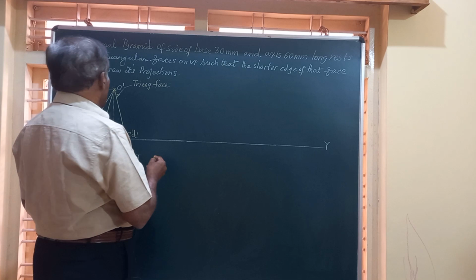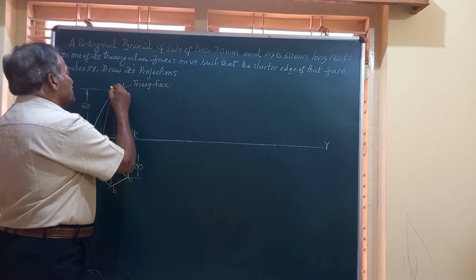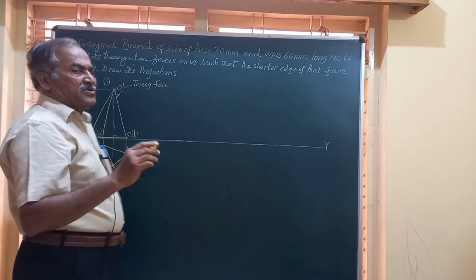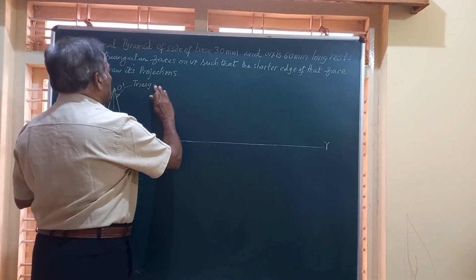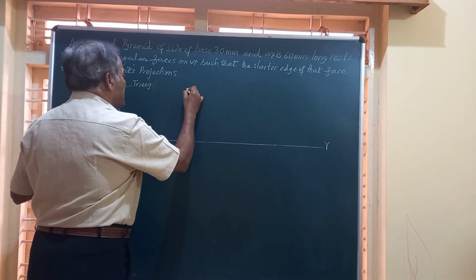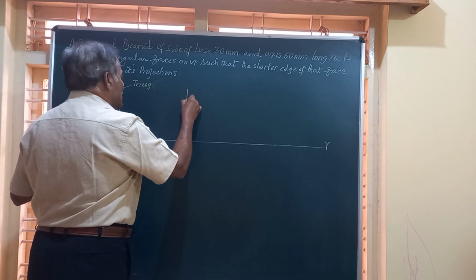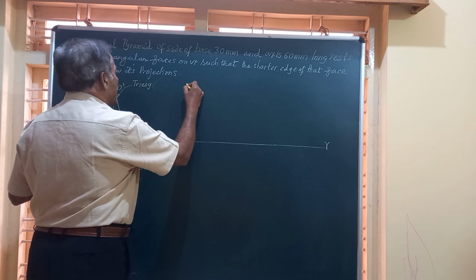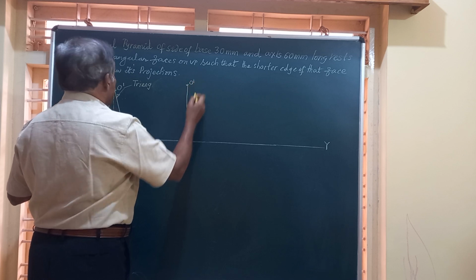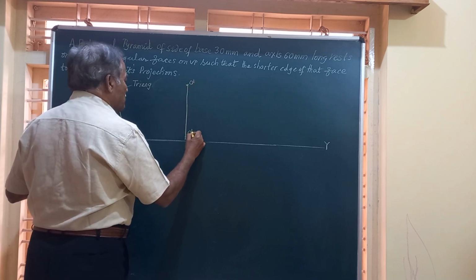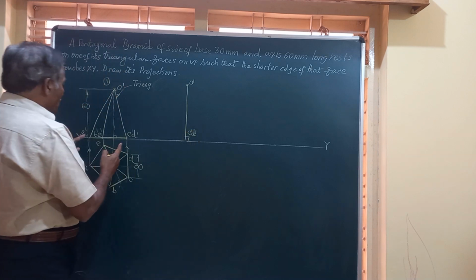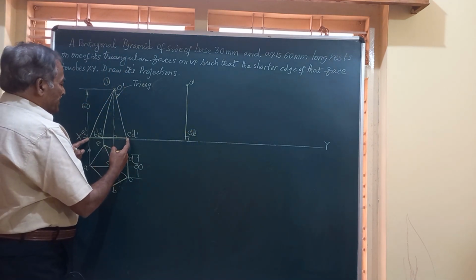So friends, what I do, I will just redraw this figure number 1 as figure number 2 such that this O dash C dash D dash becomes vertical. So I am going to draw that line now, this is C dash D dash, which has become perpendicular now. Then I know the length of the base.